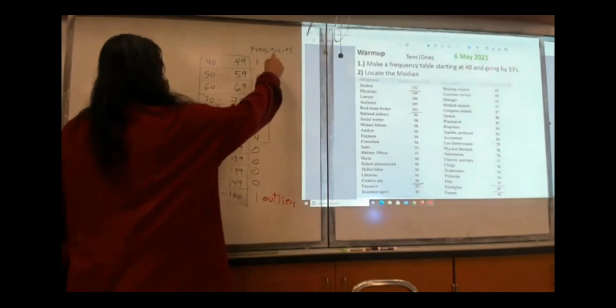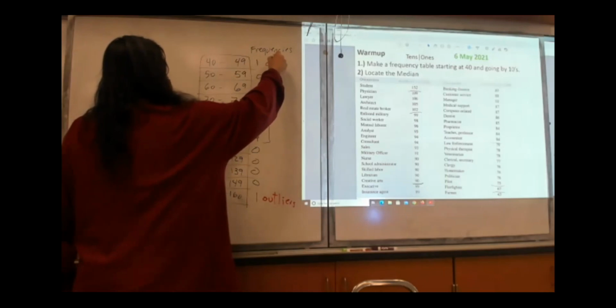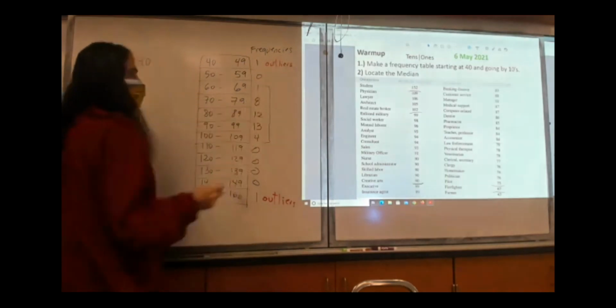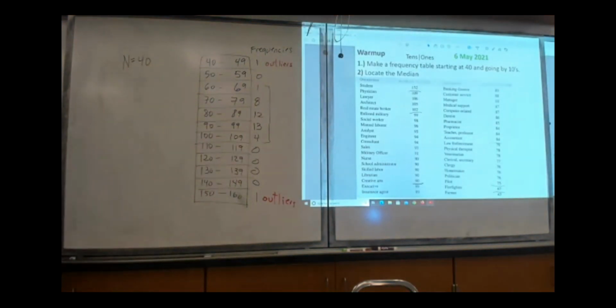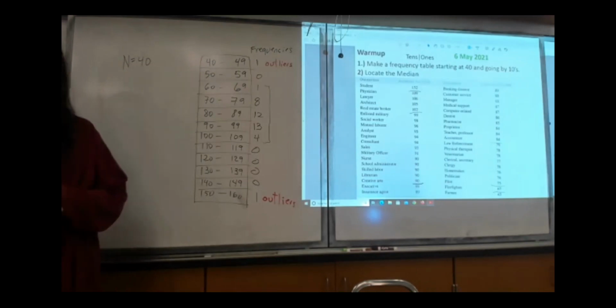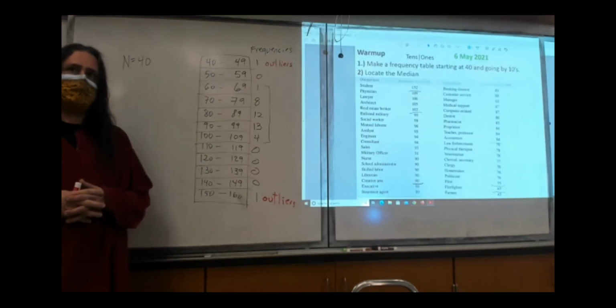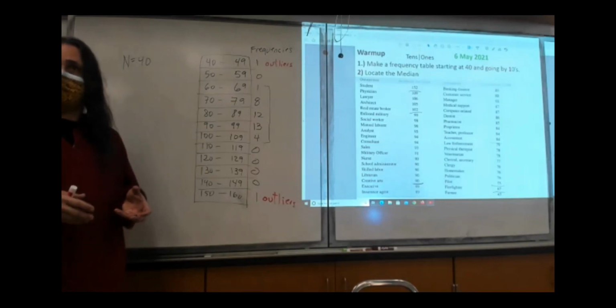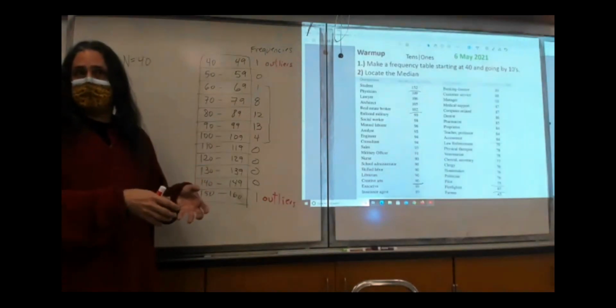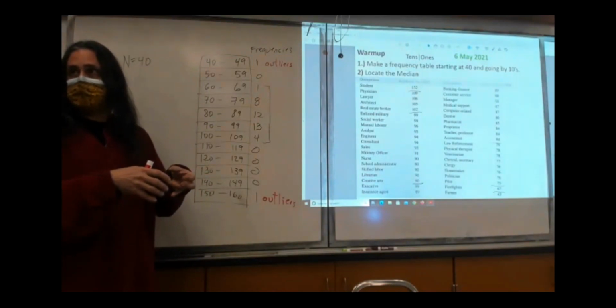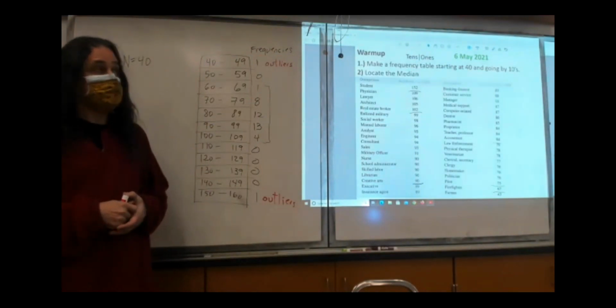There are data values that are so much different from the vast majority of the data that they're not really representative. And that usually means data values that come from some element or some aspect that is unique.